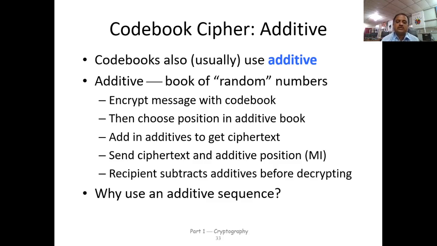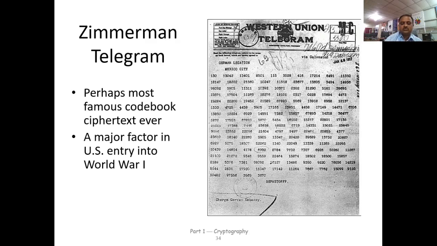Send the ciphertext and the additive position. Along with the ciphertext, the additive position is also sent to the receiver. The recipient subtracts those additives before decrypting. So what is the use of this additive sequence? It is only for the purpose of telling the receiver in which order to decrypt the plain text using the codebook.